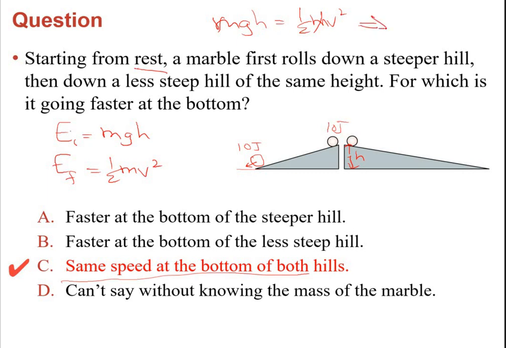Even if the masses of the balls are different, they're going to end up with the same speed. If you rearrange the equation and take the square root, the velocity is going to be the square root of 2gh. So both of these would have the same velocity at the bottom, and that depends on this height h. If h is the same, the velocity at the bottom is going to be the same.